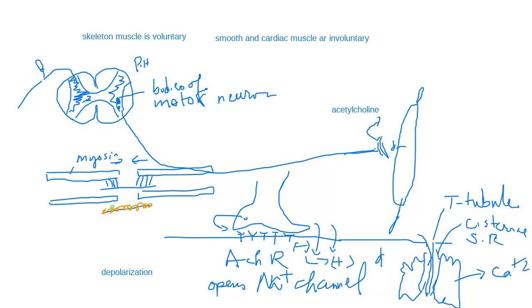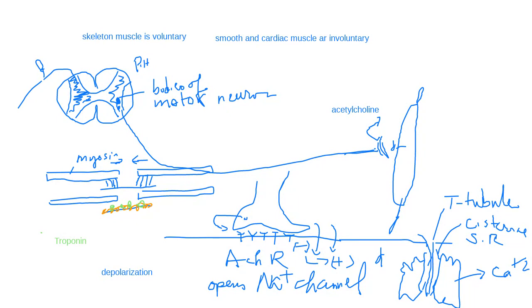So I'm going to call this green one troponin. These two proteins, troponin and tropomyosin, wrap around actin so that the myosin cannot see the actin.